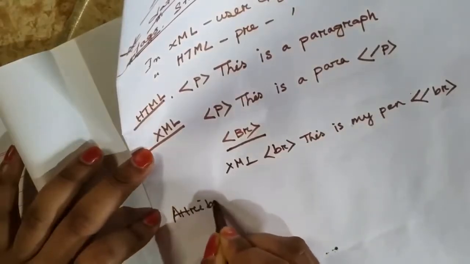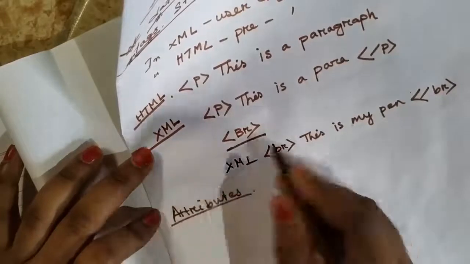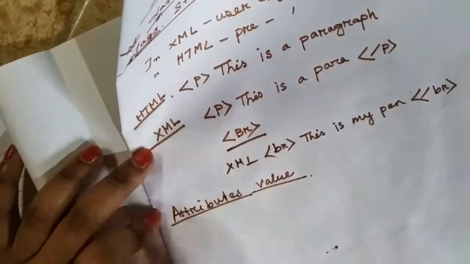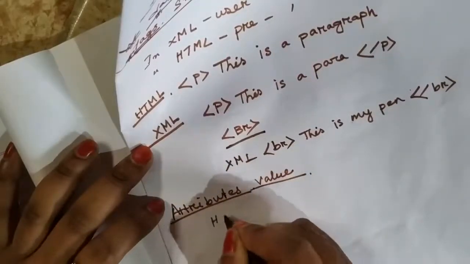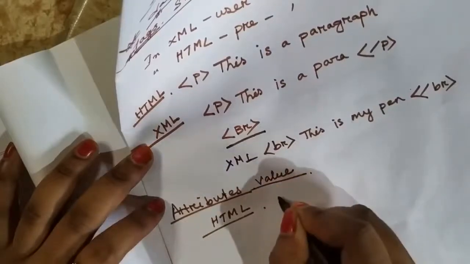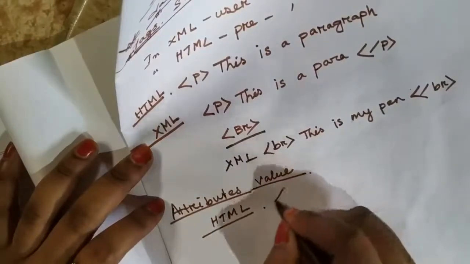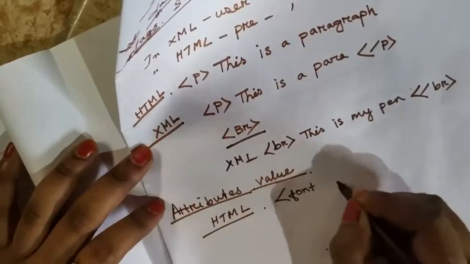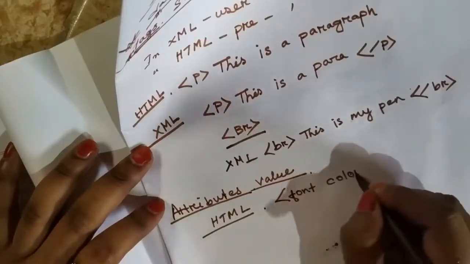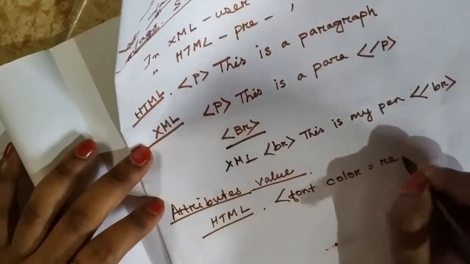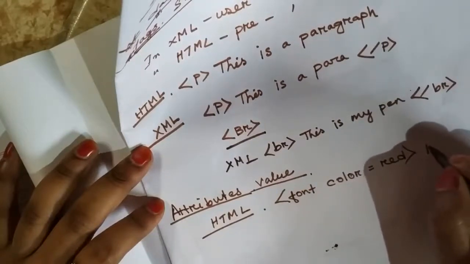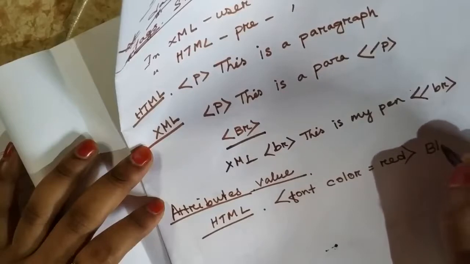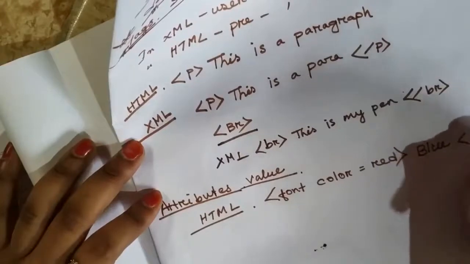For example, suppose in HTML the font color is red, and the value suppose blue, and then close the font.